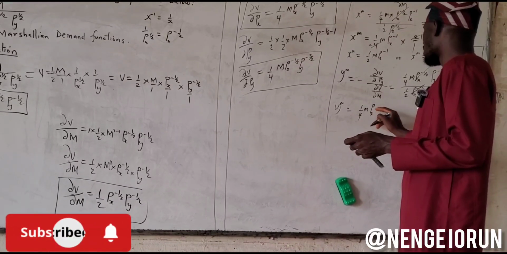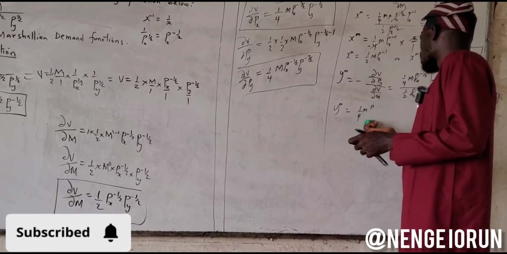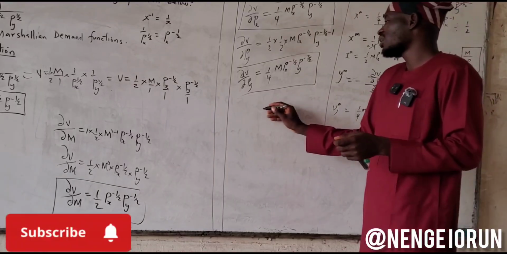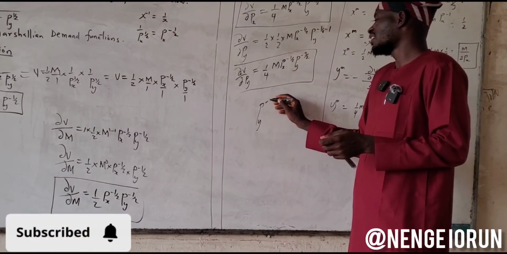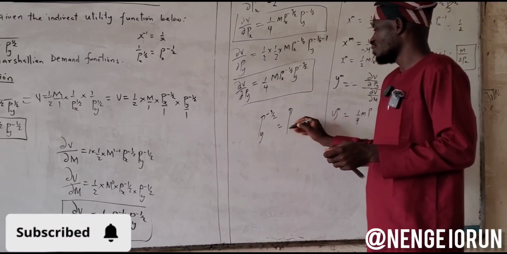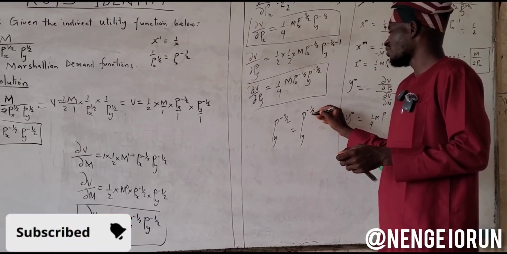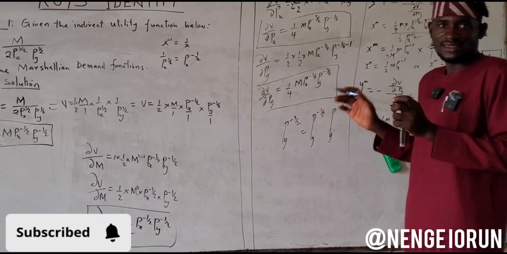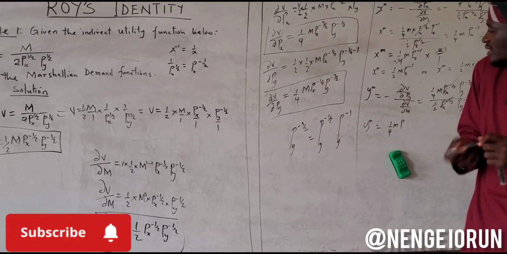Then what we have is the Marshallian demand function for y is equal to 1 over 4m py. Now py raised to the power of negative 3 over 2 is the same as py raised to the power of negative half py raised to the power of negative 1, with the laws of indices.